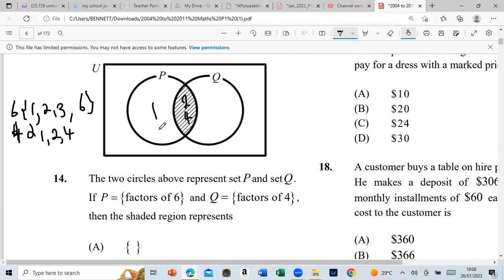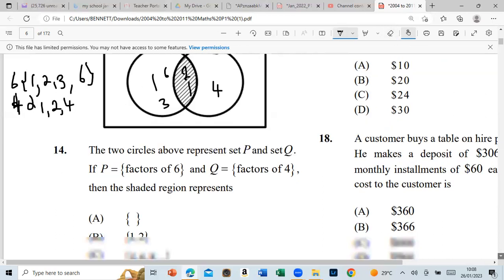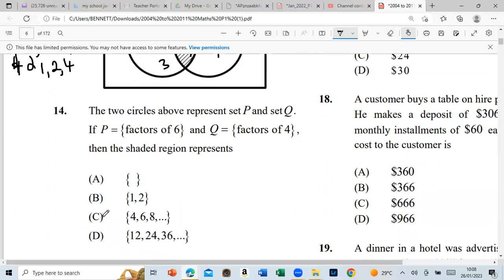Here we have 1, 3, and 6. Why do I have 4 here? So 2 for there, so it's supposed to actually be 1 and 2. Alright, so this is how they set it up. Still 1 and 2. So that's P. Alright, let's look at number 15.